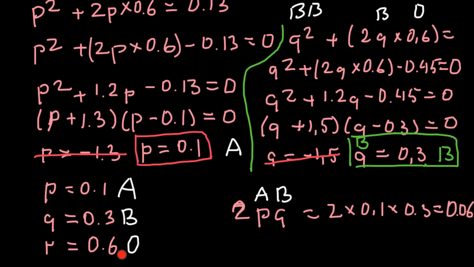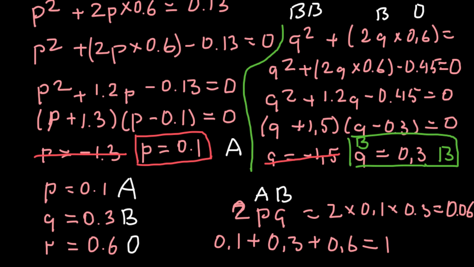Another way to confirm that these frequencies of these alleles that we got are correct would be to add all these numbers. As you remember, all the alleles A in population, and here is the frequency of the allele A, plus frequency of the alleles B in population, and here is the frequency of the allele B in population, plus frequency of all the alleles O in population should equal to 1 or to 100%.